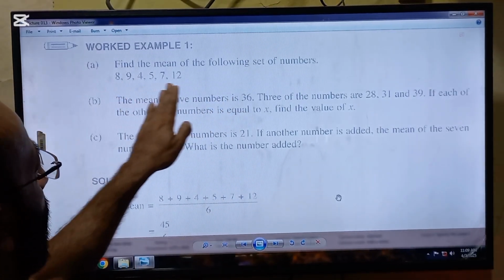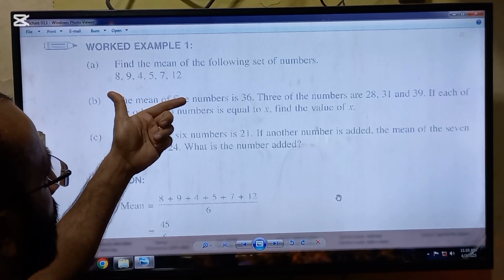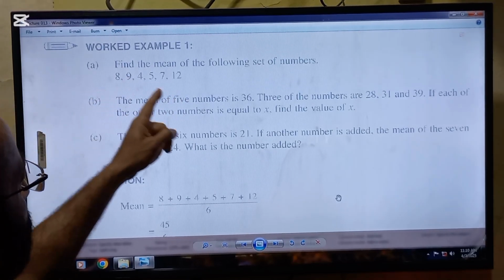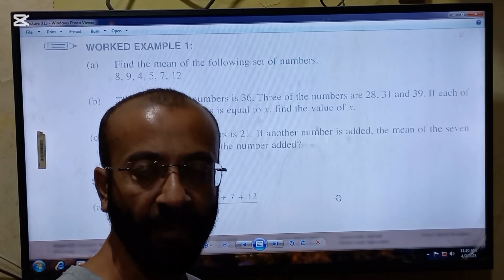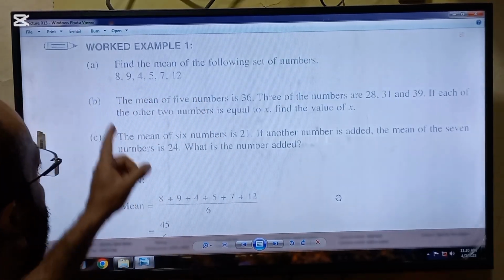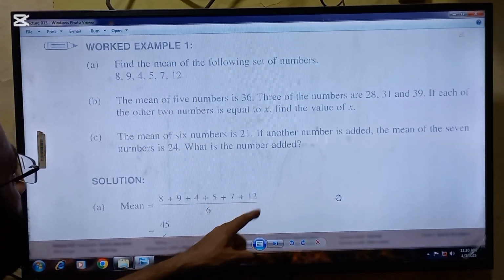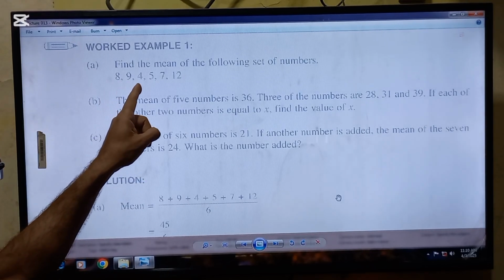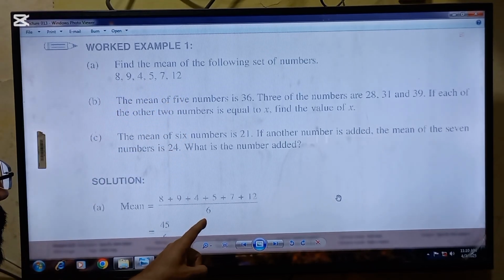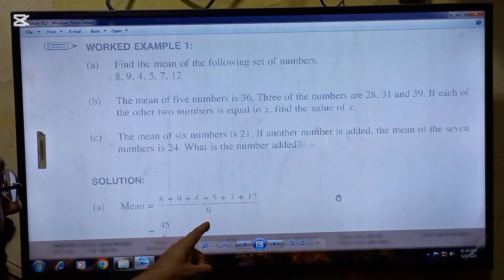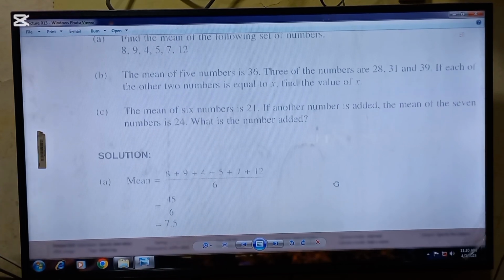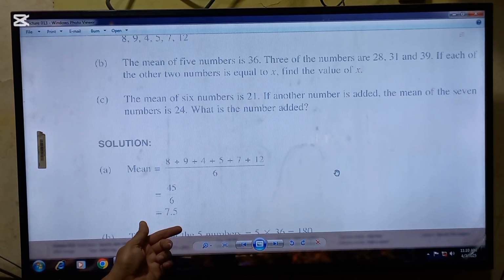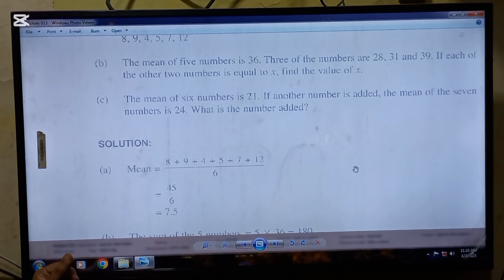So we can add all these values because the formula is sum of values divided by number of values. All these values will be added in the numerator, and there are 1, 2, 3, 4, 5, 6 values, so 6 will be put in the denominator. Solve the values on the calculator and you will get the answer of 75.